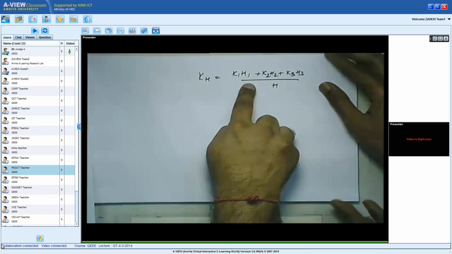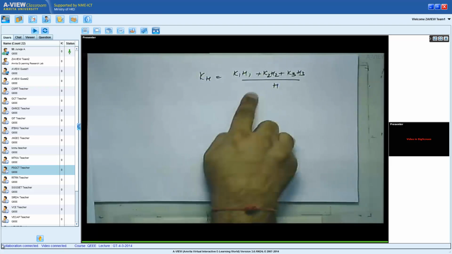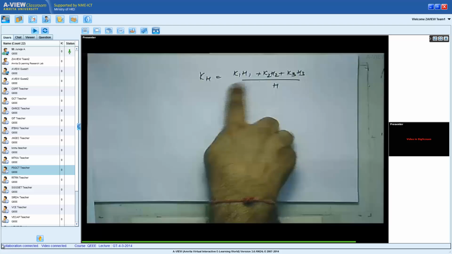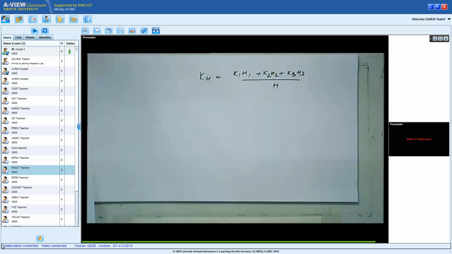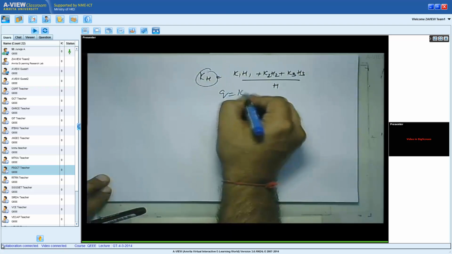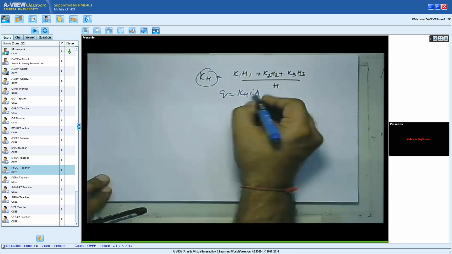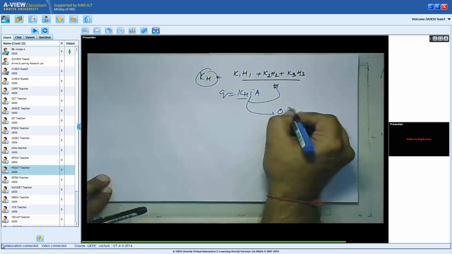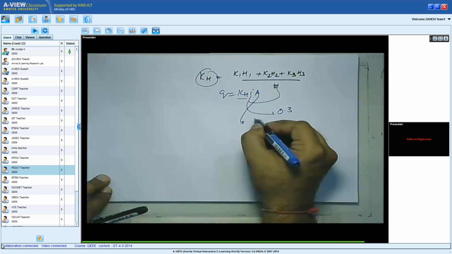I can find out the average permeability through the 3 soils. If KH is found, I can then determine the flow using Q equals KH i A. KH I have deduced from here, i is given as 0.3, A is the area.